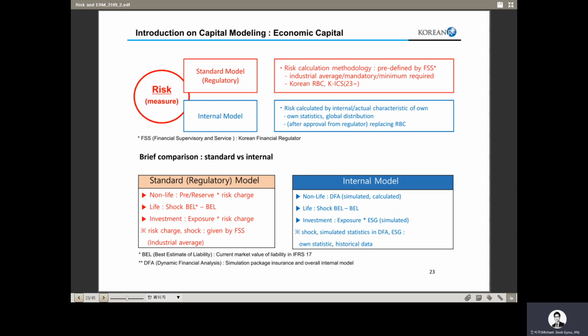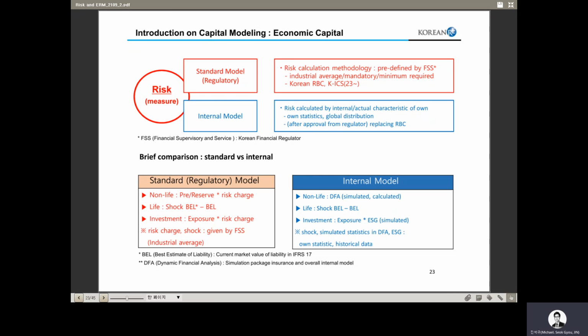For investment, it measures exposures multiplied by a risk charge. All the risk charges and shocks are given by the FSS using industry averages. This method is used for calculation in K-ICS.